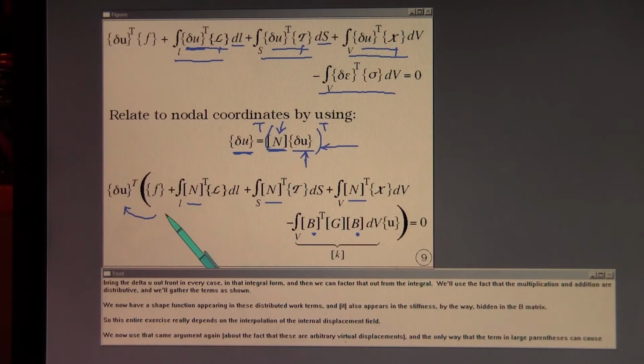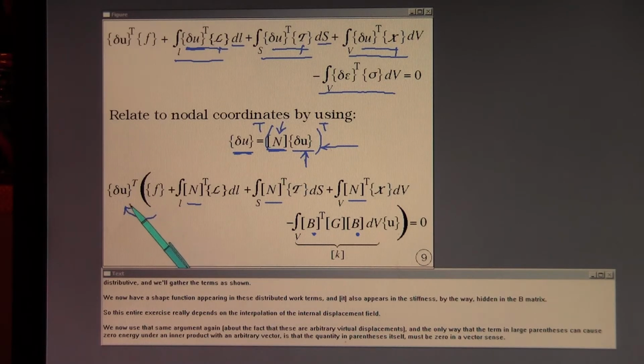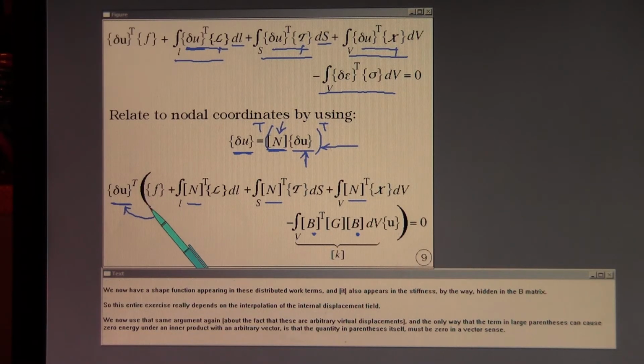We now use that same argument again about the fact that these are arbitrary virtual displacements, and the only way that the term in large parentheses can cause a zero energy under an inner product with an arbitrary vector is that the quantity in parentheses itself must be zero in a vectorial sense.